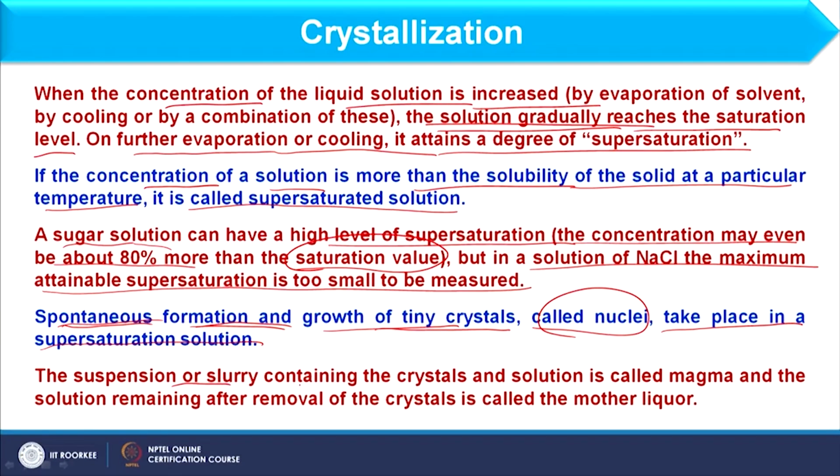So the suspension or slurry containing the crystals and the solution is called magma. When we have a supersaturated solution with small crystals in it, we consider that a magma, right. And when the crystals are removed from the solution, whatever liquid remains, we consider as solvent, or that is also called mother liquor.